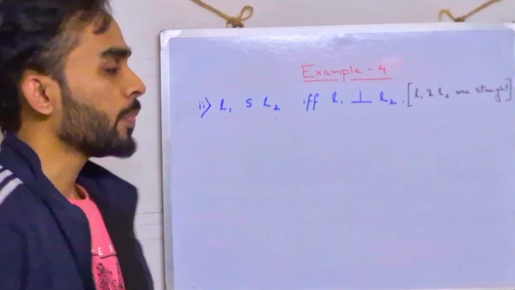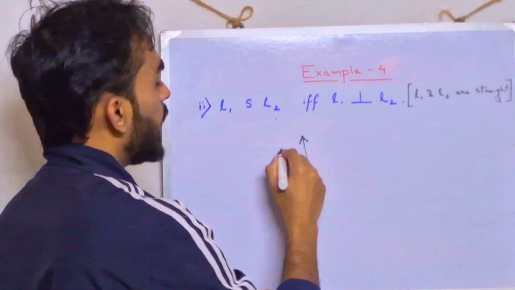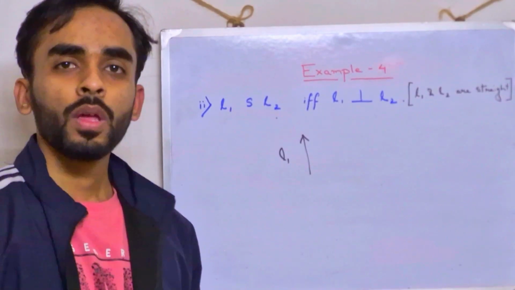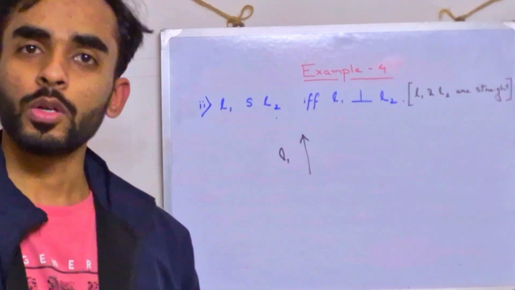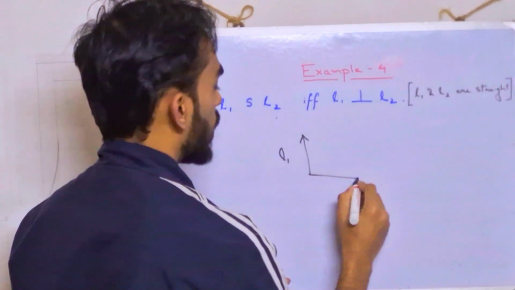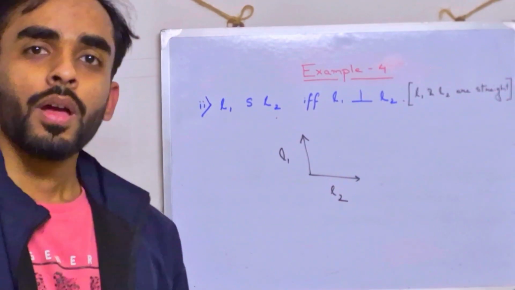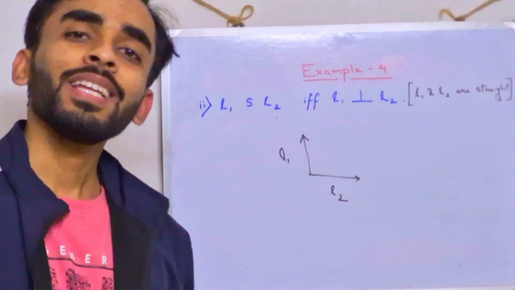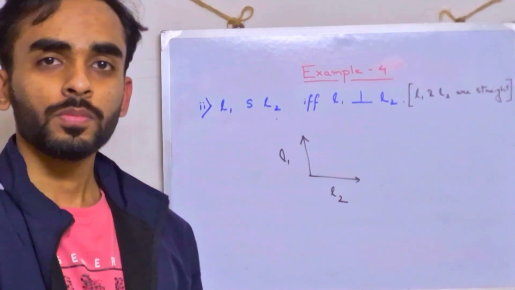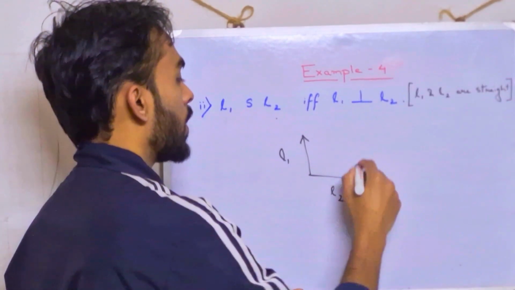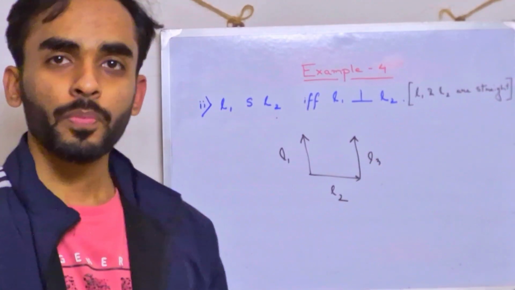Let's take an example. Let's say I have this line L1. Now, I have another line L2 which is perpendicular to it. Now, I am taking another line which is also perpendicular to L2. This line's name is L3.